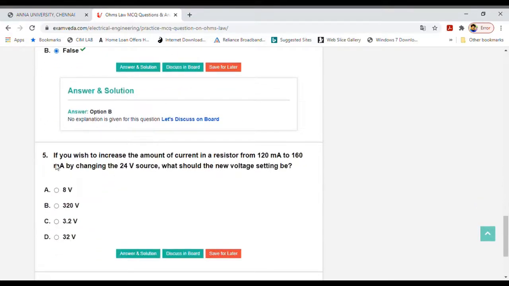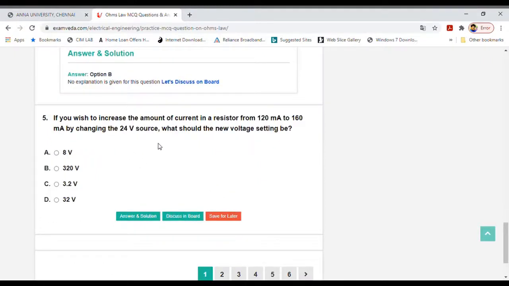Next question: if you wish to increase the amount of current in a resistor from 120 milliamps to 160 milliamps by changing the source, that is a 24 volt source, what should be the new voltage setting? For this, it is a slight bit confusing because there are two current values for the resistance. So in this case, how can it be obtained?